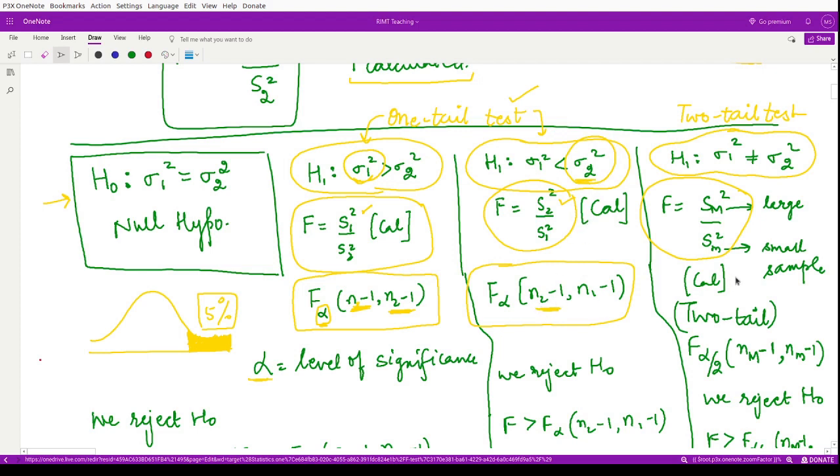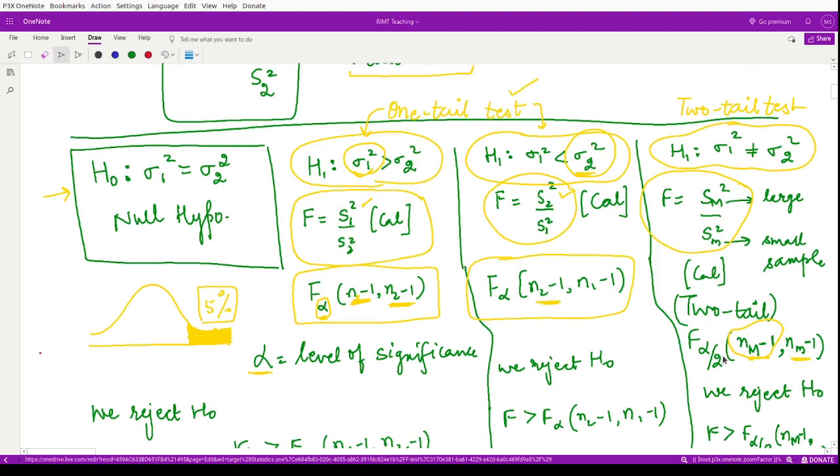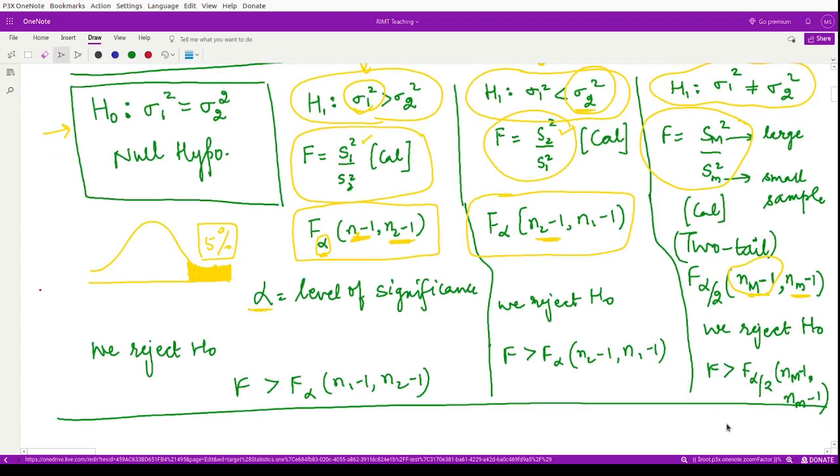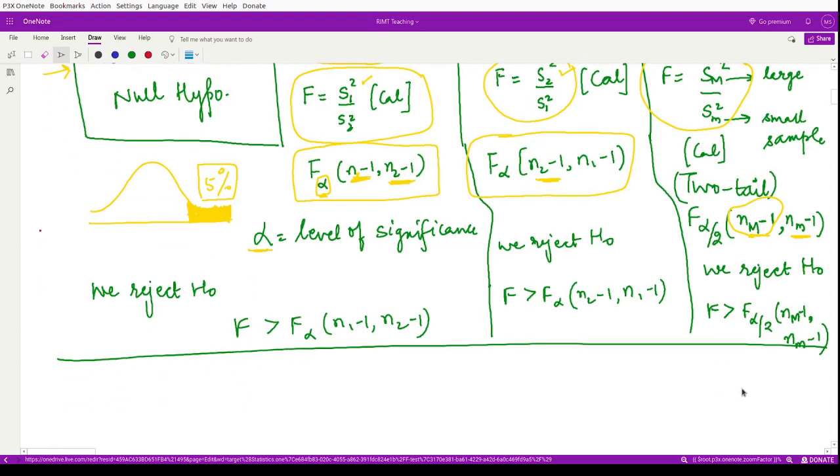Similarly in the third case also, the degrees of freedom will be in the order that first of all you write the degrees of freedom corresponding to the larger variance, and so on. However, in a two-tailed test, what is the difference? We take alpha by 2. Why alpha by 2? Because for two-tail, your critical region now divides into two portions.